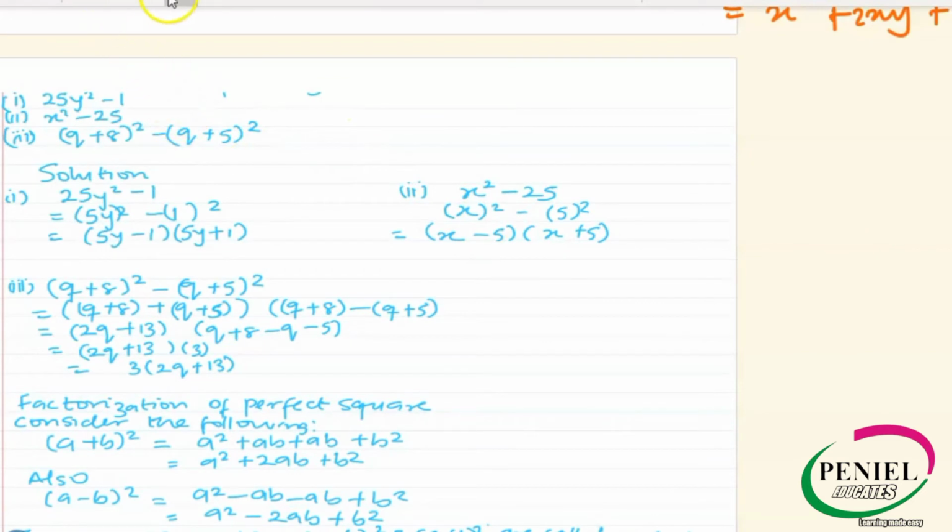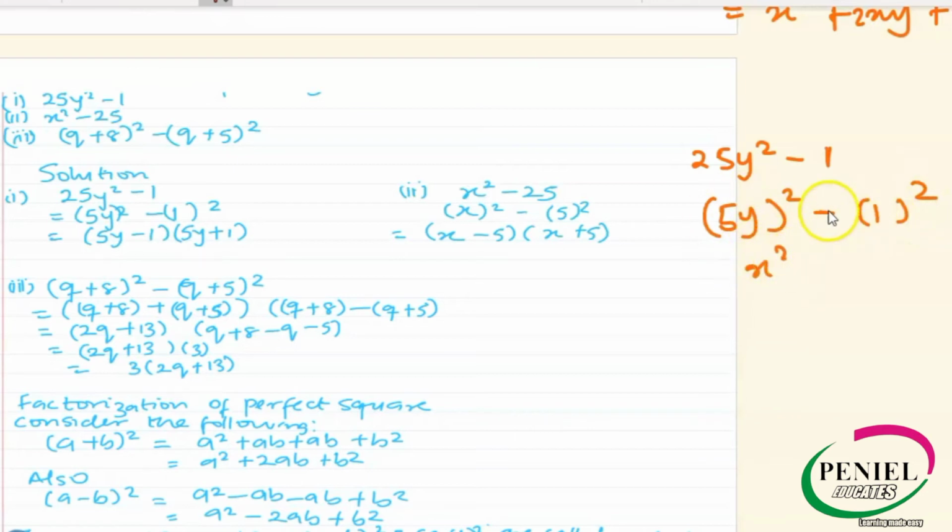For example, you are given 25y squared minus 1. Now how do you make it a difference of two squares? You know that this can be 5y all squared, then minus 1 all squared. So this is just like x squared minus y squared.